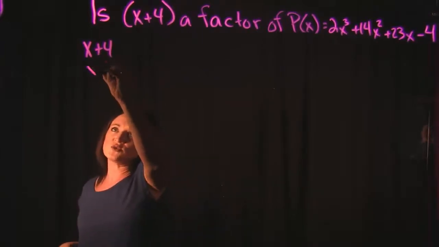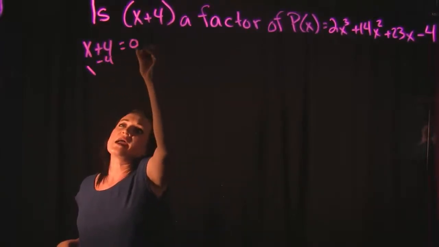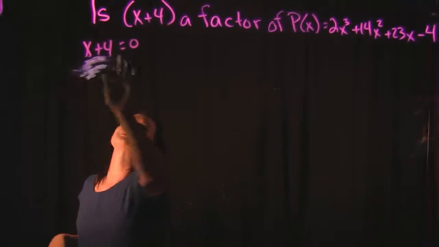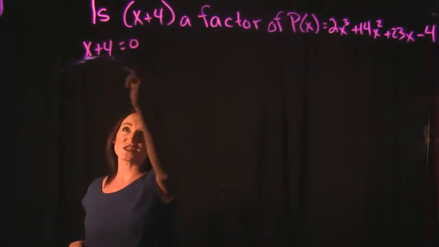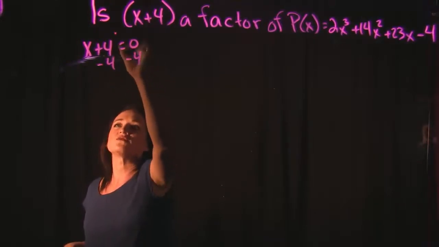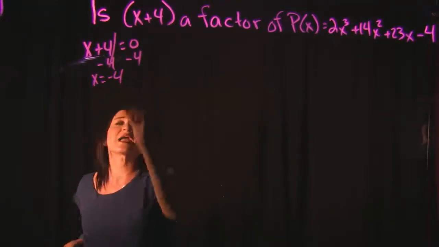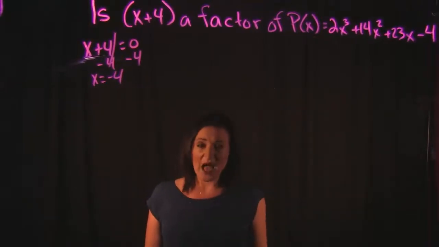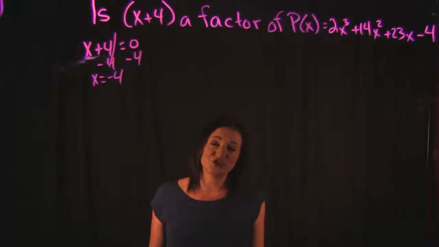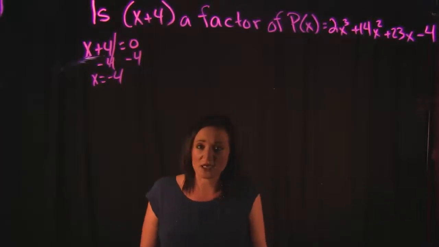What you want to do is set this equation equal to 0. Take this little mini function, set it equal to 0, and solve. If I solve this really quickly, I get that x is equal to negative 4. So negative 4 is actually the zero that we're trying to test here.